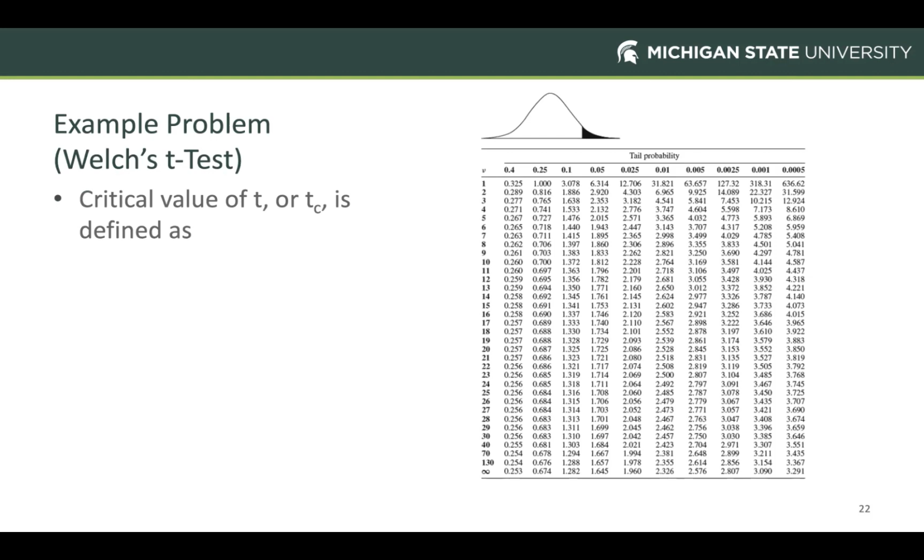And since they're not equal to one another, from a practical perspective, we have a bit of a concern here, because let's say one variance is significantly smaller than the other.